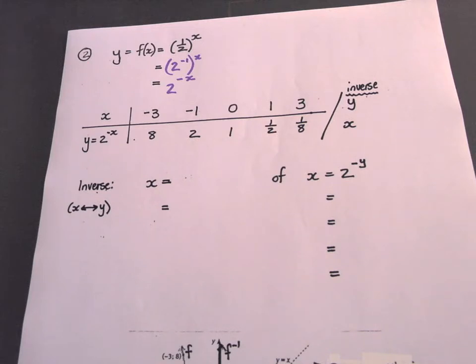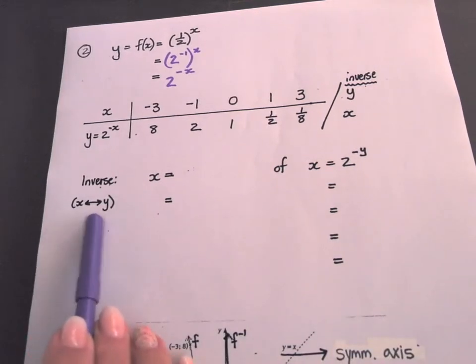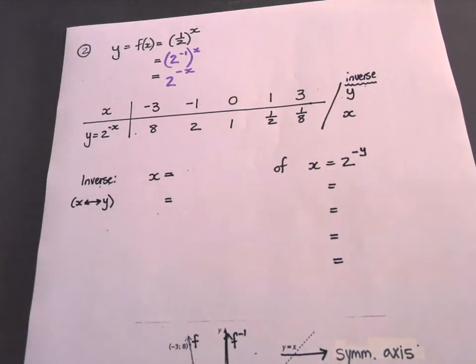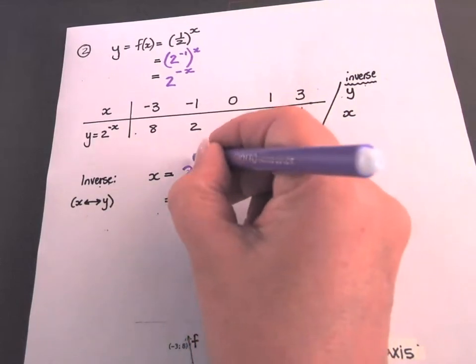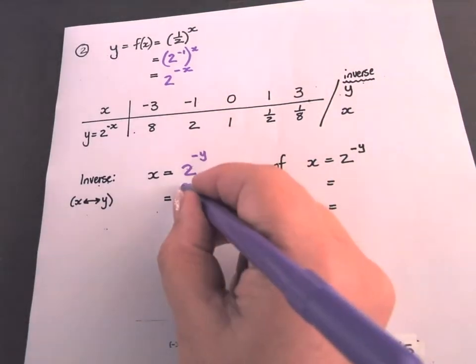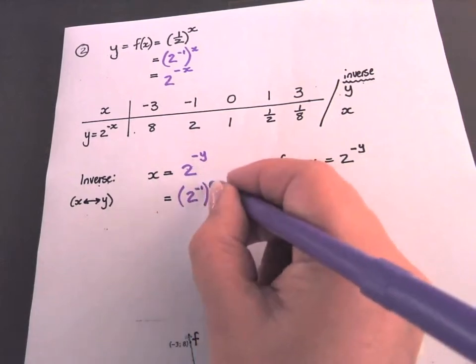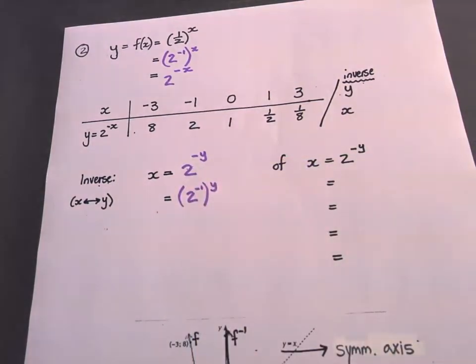If, however, I ask you to calculate the inverse function, we know that we have to swap the x and the y's. So x will be equal to 2 to the power of negative y. And that will be equal to 2 to the power of negative 1, to the power of y.